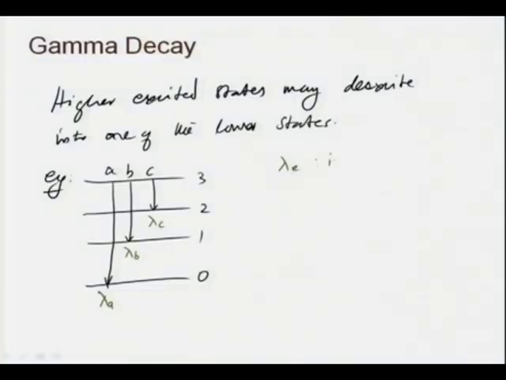When we talk about the probability for internal conversion, let us add all of those probabilities and call the total lambda E. So, this is the internal conversion probability.